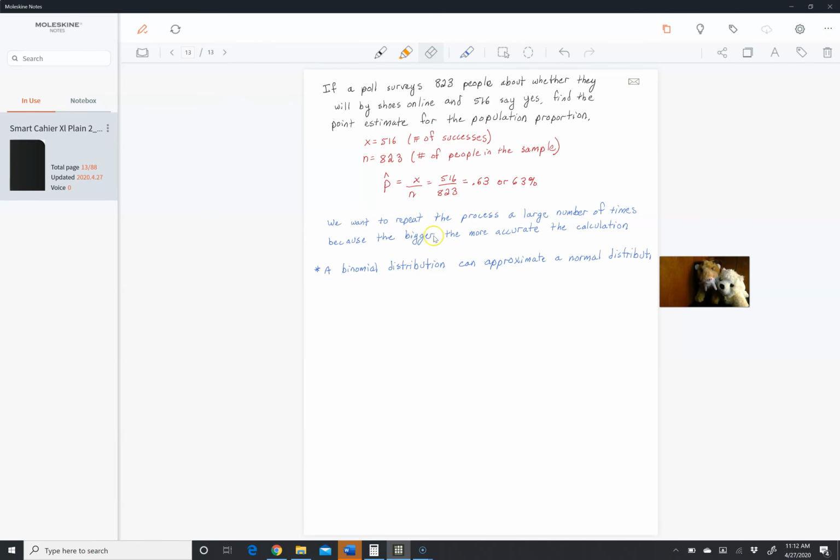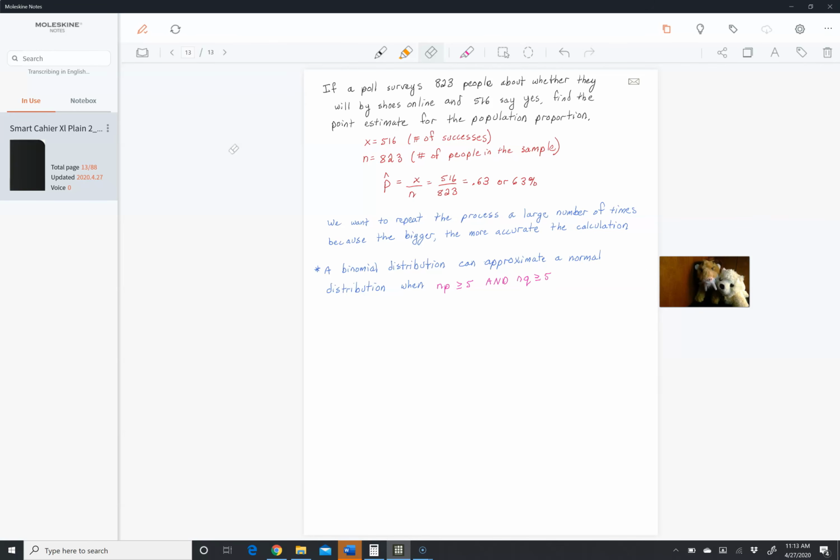I'm going to rewrite this underneath. Ran out of room. One, and I'm going to put this in a different color because it's so important. When np is greater than or equal to 5 and nq is greater than or equal to 5.